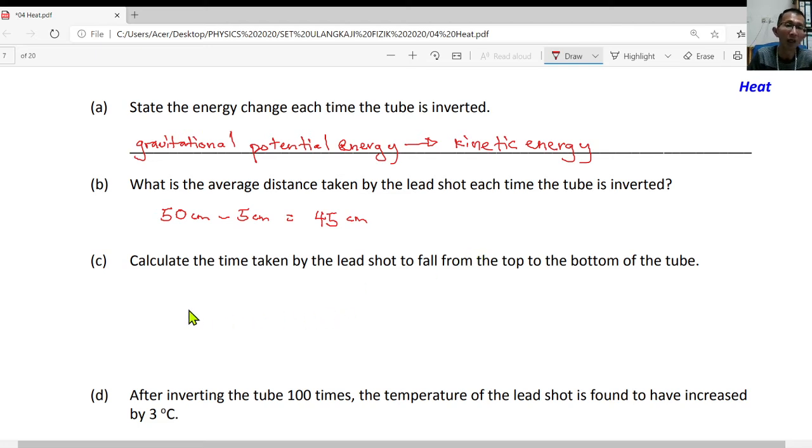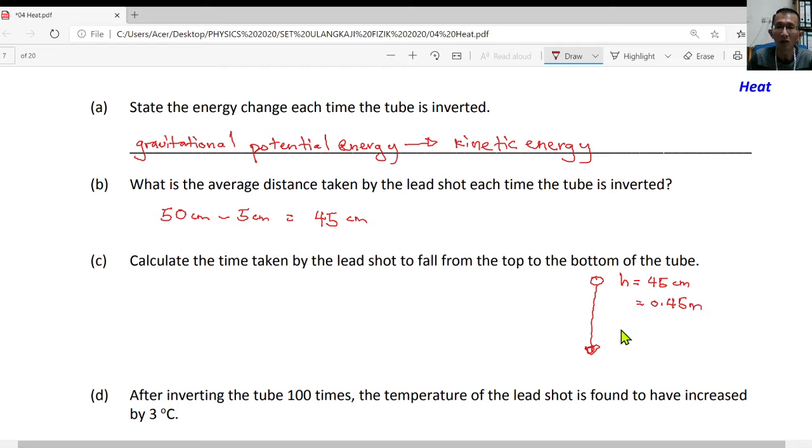Okay, now calculate the time taken by the lead shot to fall from the top to the bottom of the tube. So I have a lead shot up here, it falls down, right? The S, the distance traveled, would be 45 centimeter, which is 0.45 meter.